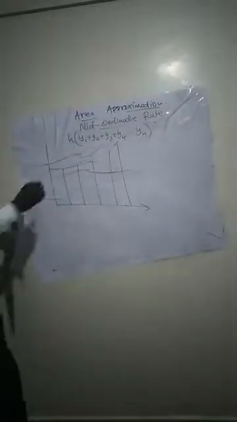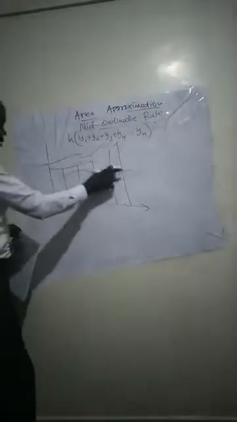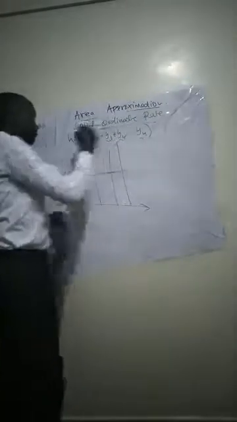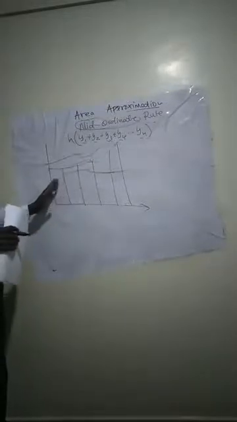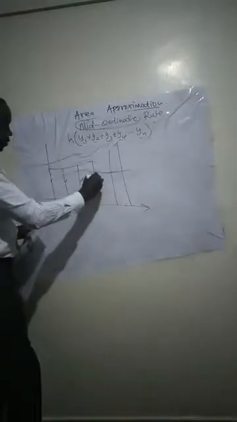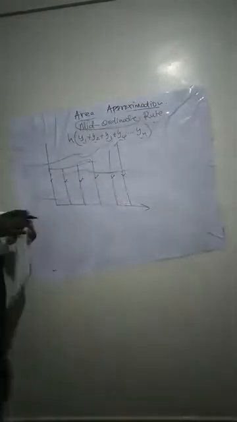After getting the required number of strips, you need to identify the values of y. But in this case, these values of y are not the same as in the trapezium rule. From the name itself, mid-ordinate, mid. These lines are called ordinates in the mid-ordinate rule. So in this case, I have 6 ordinates.